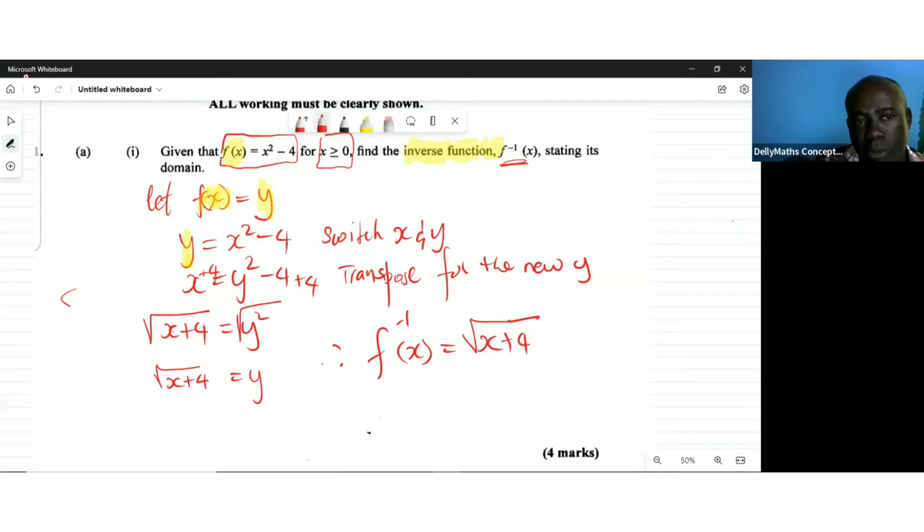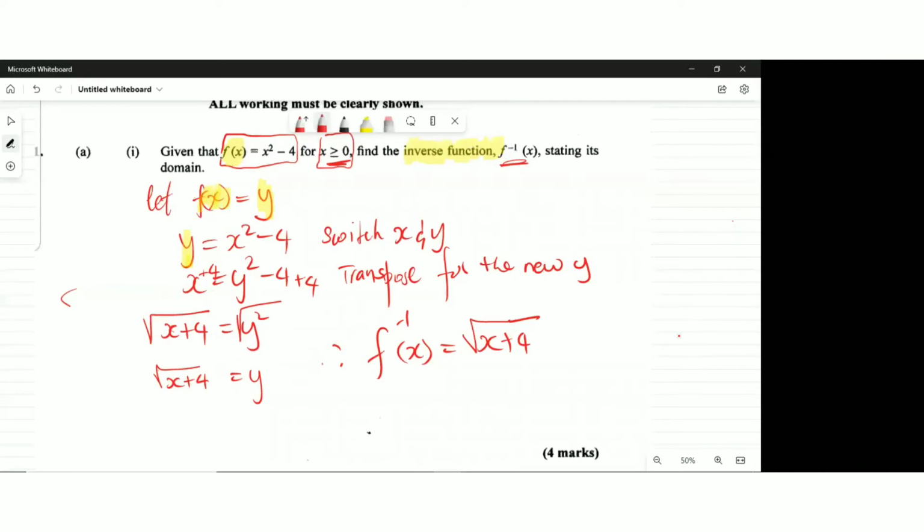Now you're going to see the importance of that, because in reality, we cannot have a negative number under the square root sign. So you will see why we're going to have to now think of the domain that we can have. Think about it.